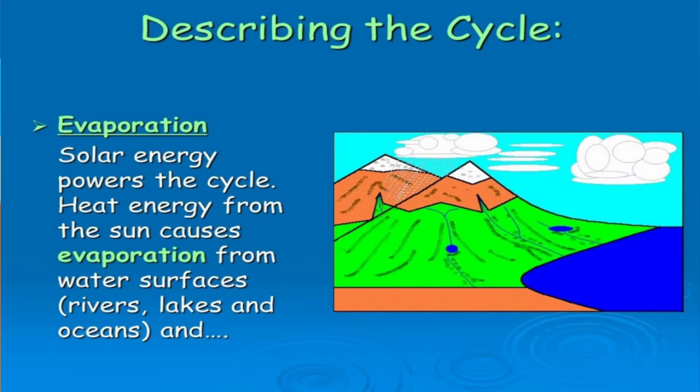Oceanic water is heated by insolation and thus water is transformed into gaseous form, water vapor or moisture. This moisture is transported across the oceans and over the continents by atmospheric circulation, meaning the winds.